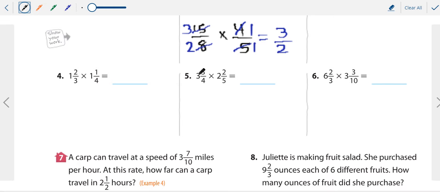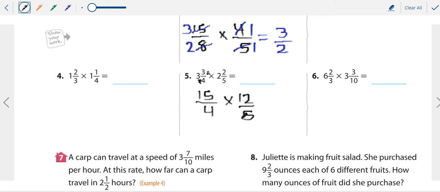Let's look at one of these here. Let's do this one. It's double mixed numbers, so we're going to have to convert both to improper fractions. So 3 times 4 is 12, plus 3 gives me 15 fourths, times 2 times 5 is 10, 10 plus 2 is 12, 12 fifths.